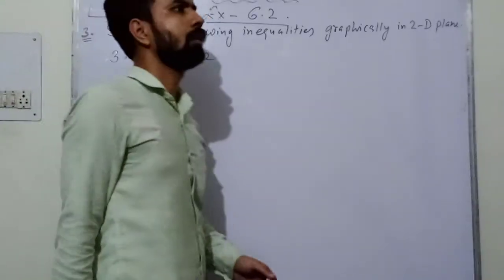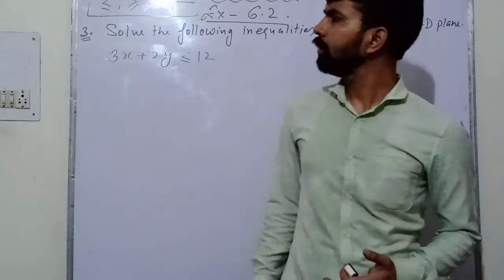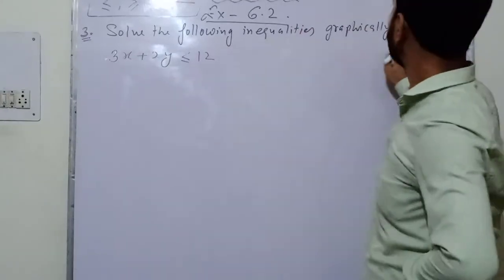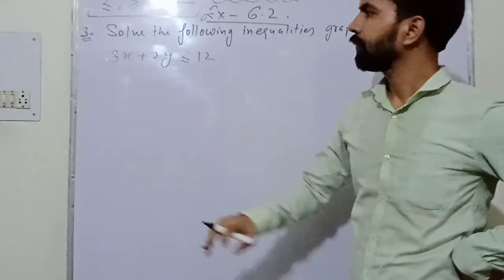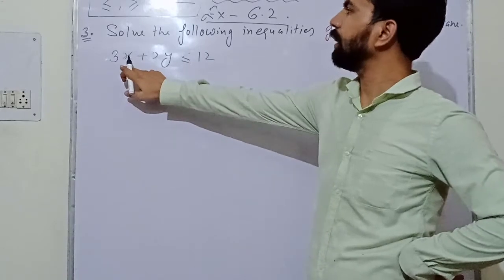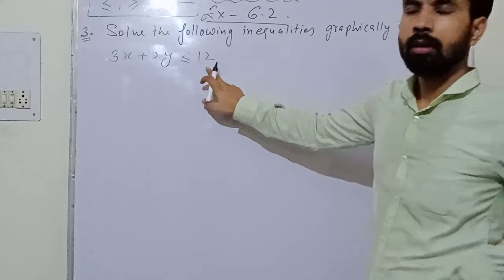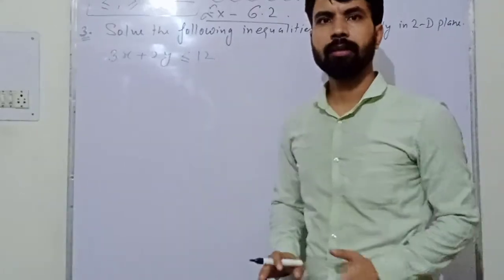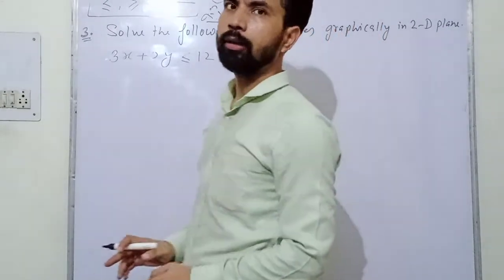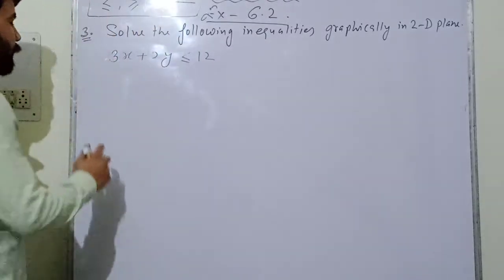Okay students, now I am explaining the third question. Solve the following inequalities graphically in 2D plane. The inequality given is 3x plus 2y is smaller than or equal to 12. Firstly, we will convert this inequality into a linear equation.